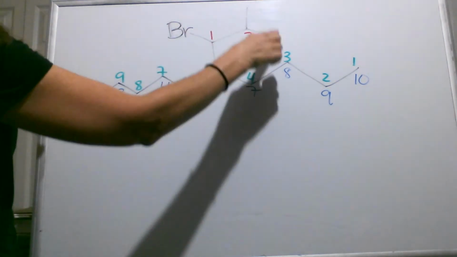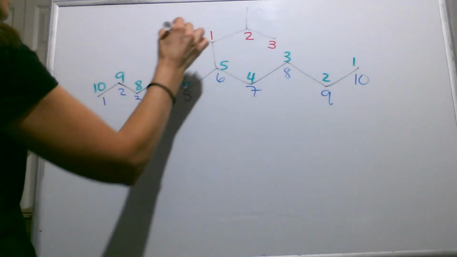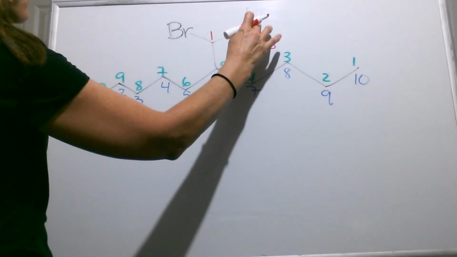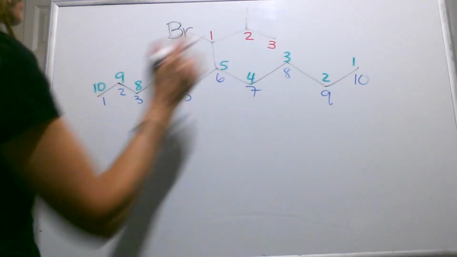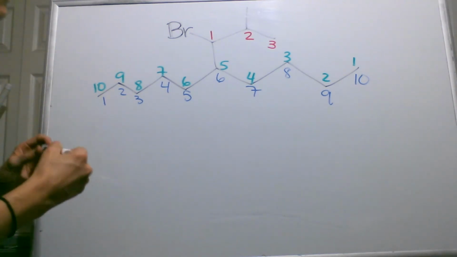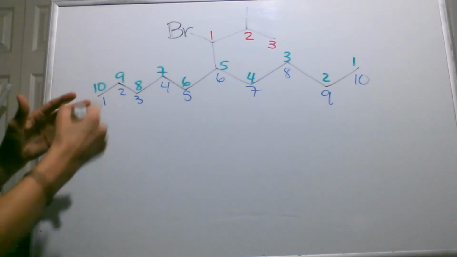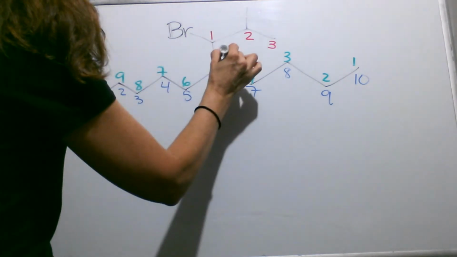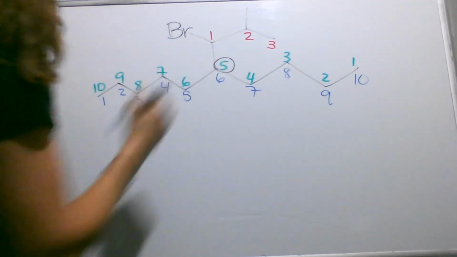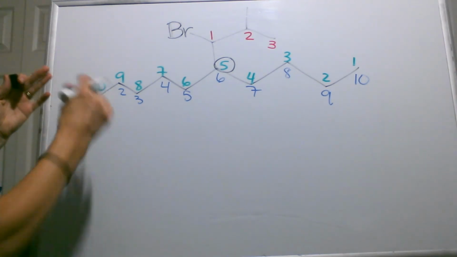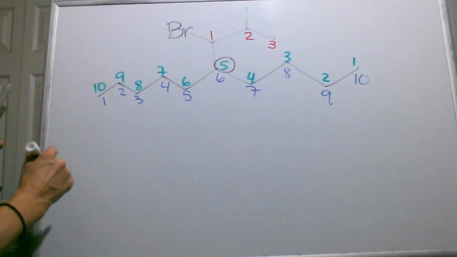So for the substituent itself, we have a bromine or a bromo on carbon 1, and we have a methyl on carbon 2. When we assemble the name of the substituent, that is going to go in parentheses, but identified by its carbon number attachment on the parent.